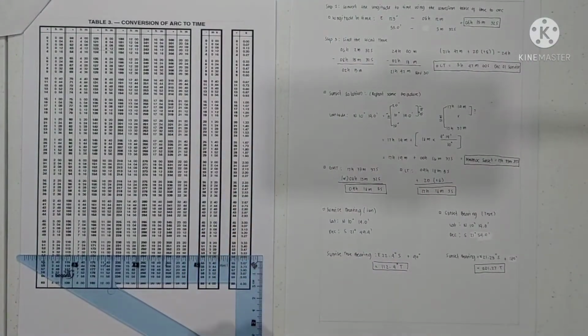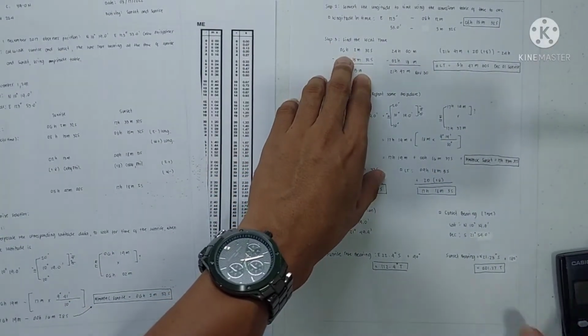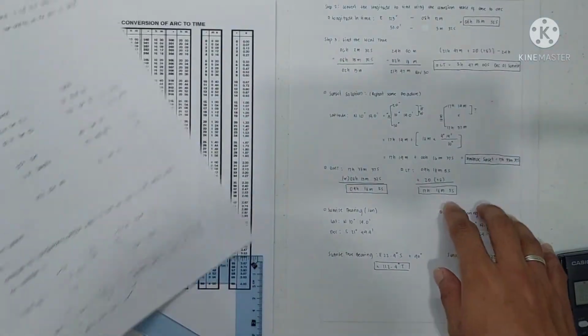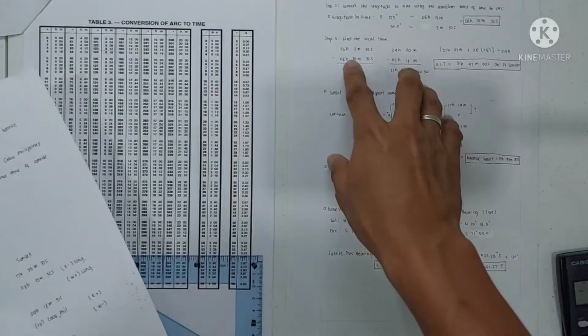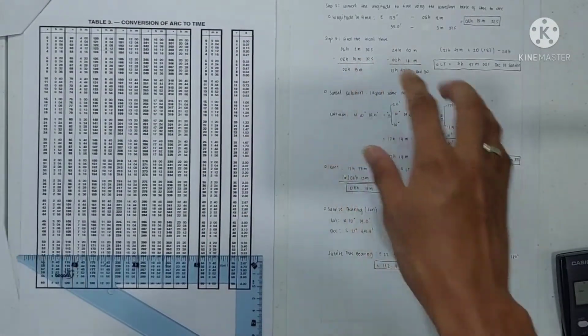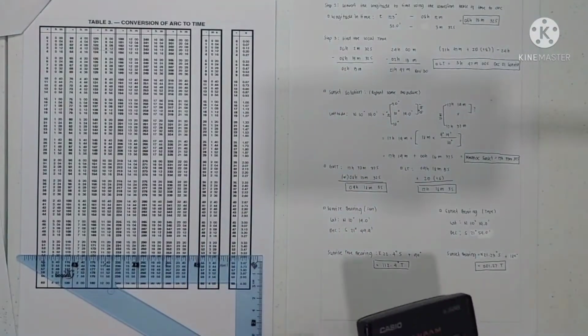In order for us to find the local time, since this is the value of our almanac sunrise, which is here, and the value of our longitude in time, we need to subtract these two values.